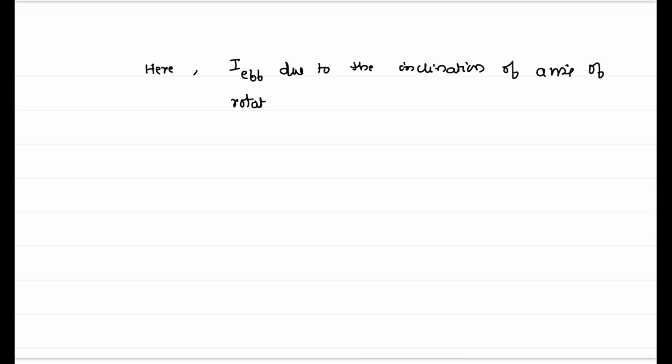Now the axis of rotation is making an angle of 30 degrees. Here we are required to find I effective due to the inclination of the axis of rotation with respect to the axis of the disk.